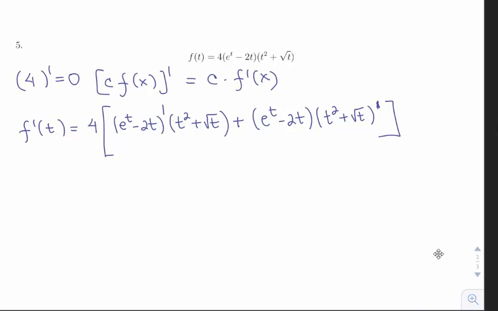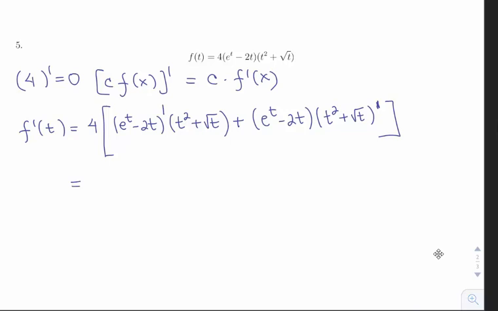Look how that 4 is outside and is going to distribute through the whole thing. That's one of the common mistakes, that you either forget about it or make it 0, so the whole thing is 0. We want to avoid that.